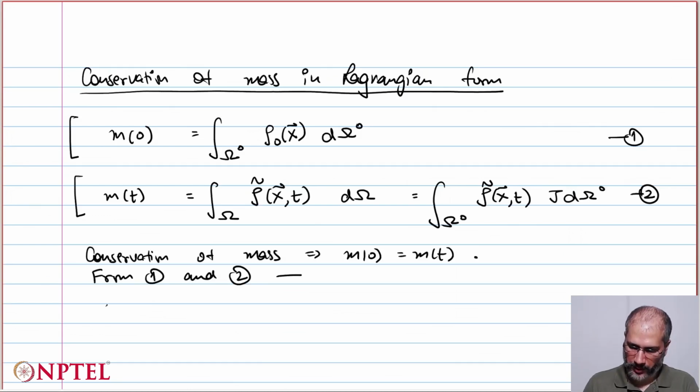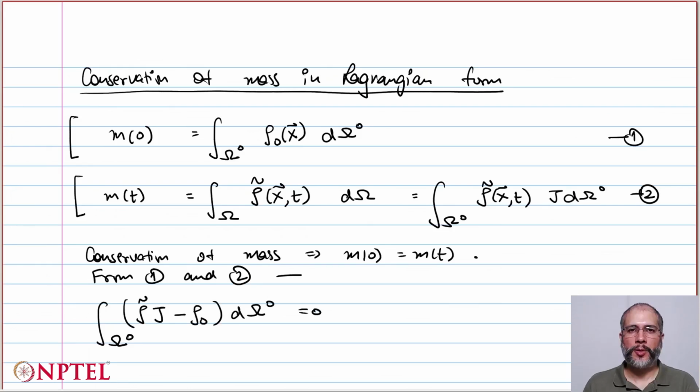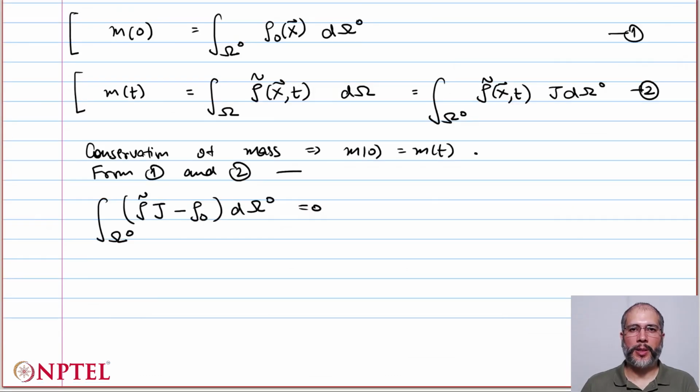So this basically means that, if I move all the terms on one side, this integral is 0. But again, by the same argument that our omega naught, or the collection of particles, was arbitrary, the quantity inside the integral has to be identically 0.